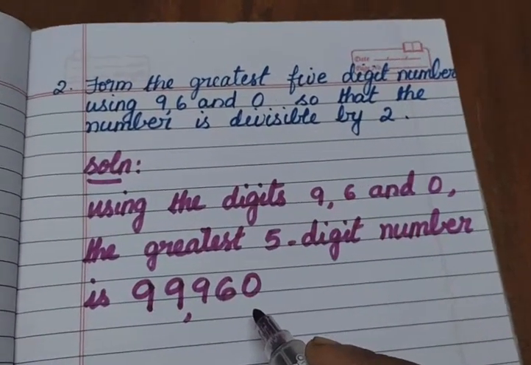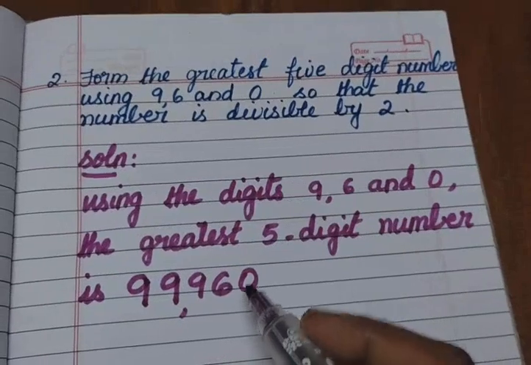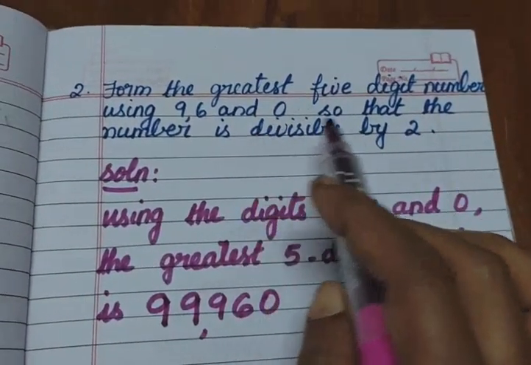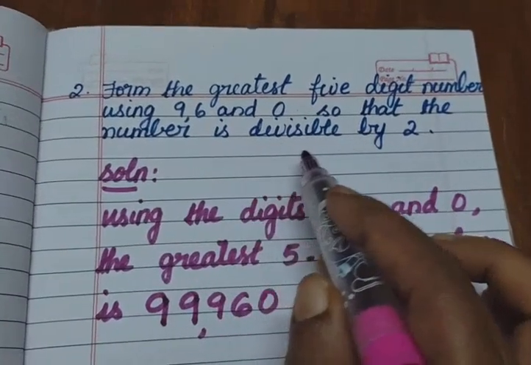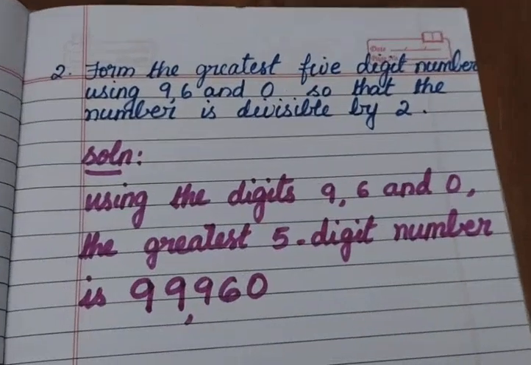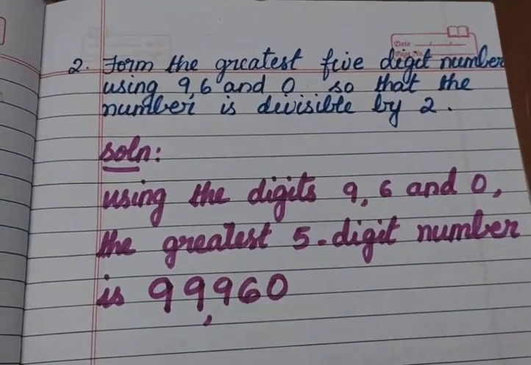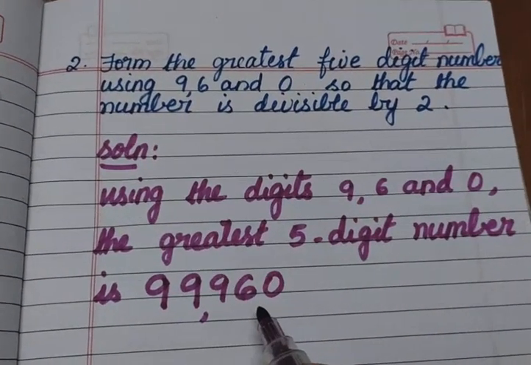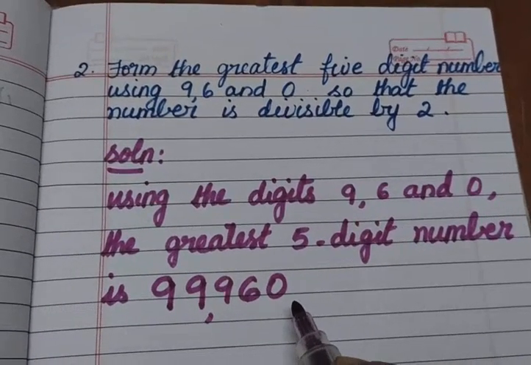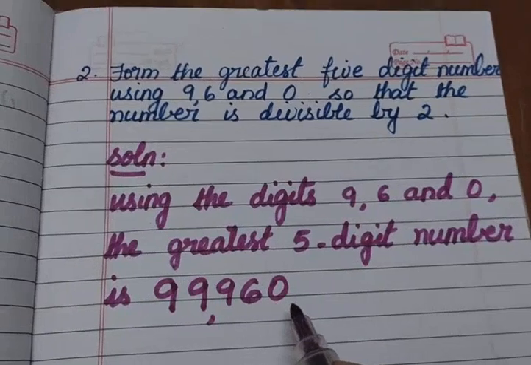99,960. Understood? Now after forming this greatest 5-digit number, we have to check whether the number is divisible by 2 or not. What's the divisibility rule of 2? Yes, the 1's place should be 0, 2, 4, 6 or 8, then that number is divisible by 2.